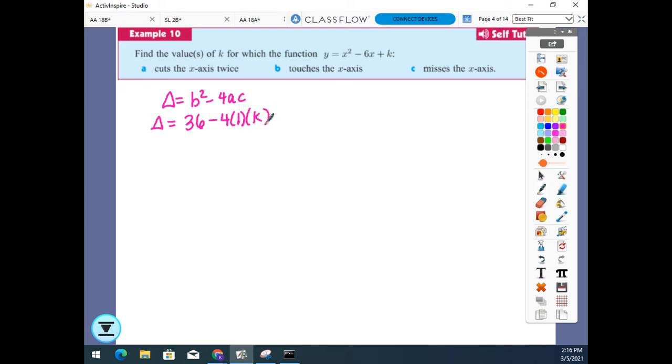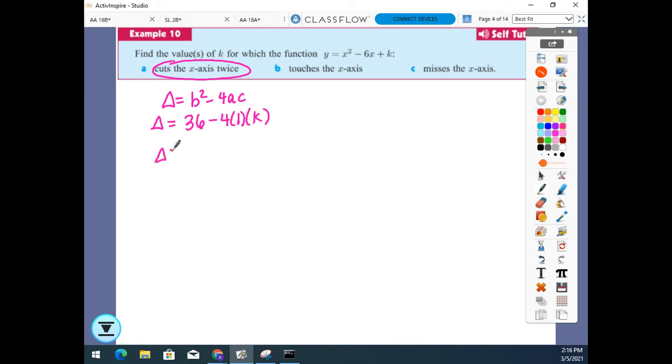Anytime there is a variable in an equation, you just put everything in the same spot and go with it. So what do we know if a graph cuts the x-axis twice?